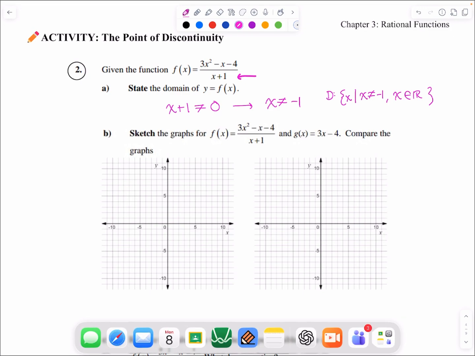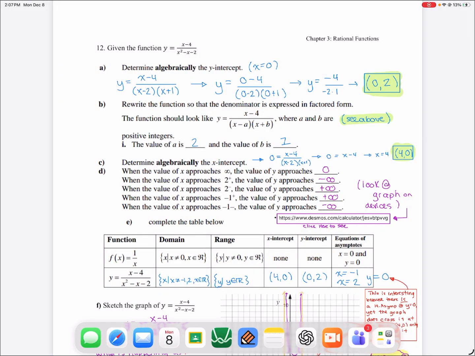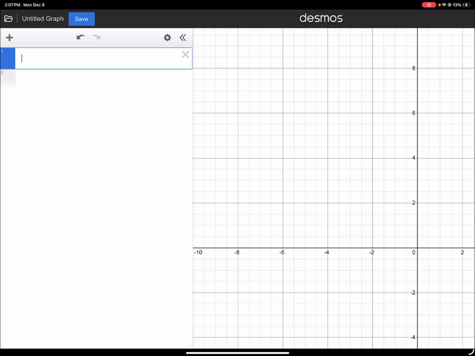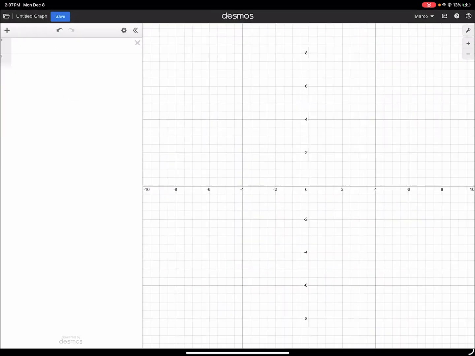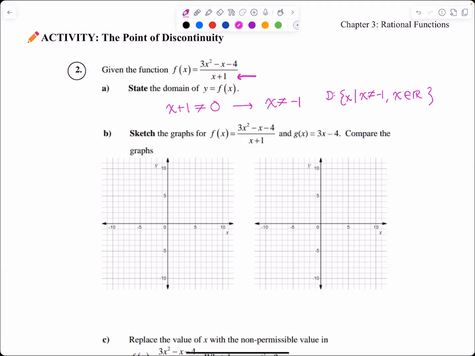So let's go about doing that. I'm going to open up the Desmos graphing calculator. Let's just jump to that. Here we go. We're going to call this function f of x, and that's going to equal 3x squared minus x, I forget the last bit, let's go back to it, minus 4 all over x plus 1.